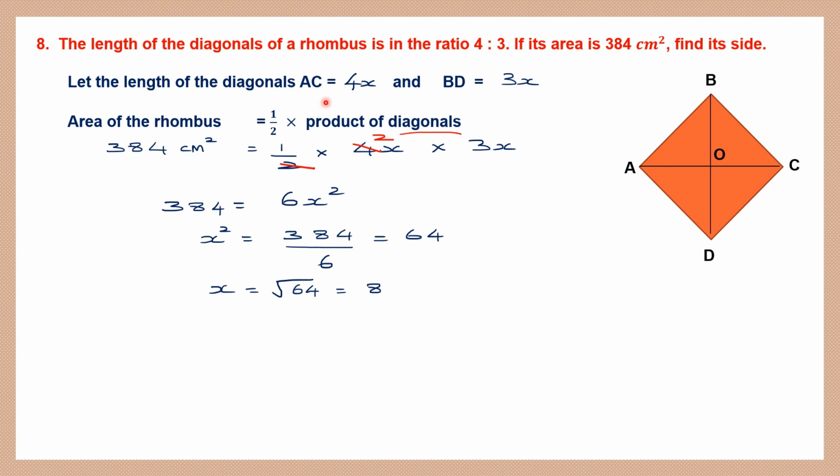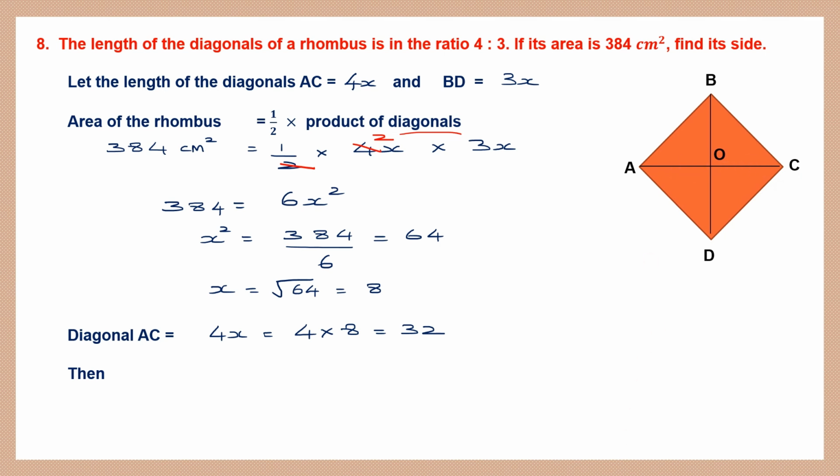Now we can find the length of the diagonals AC and BD. So diagonal AC is equal to 4x. And that is 4 into x, which is 4 into 8, which is 32. So in that case, look at this now. If AC is 32, AO and OC will be half of that.